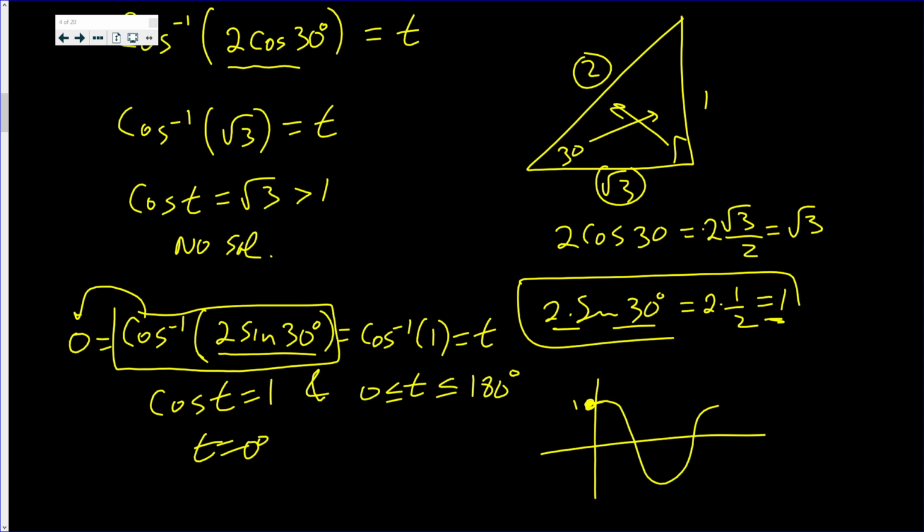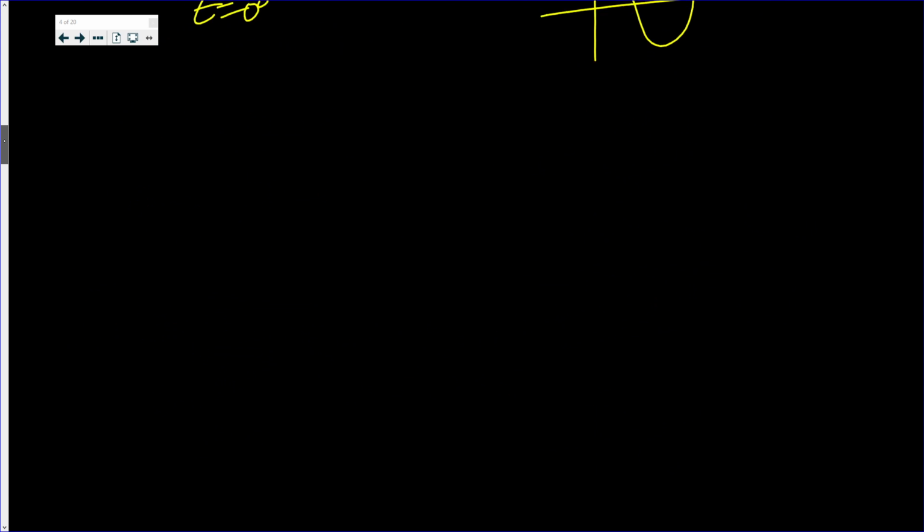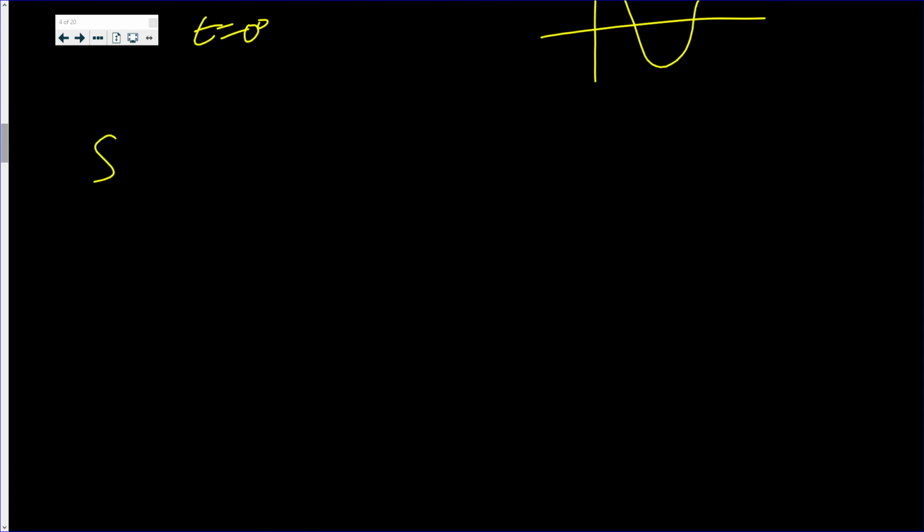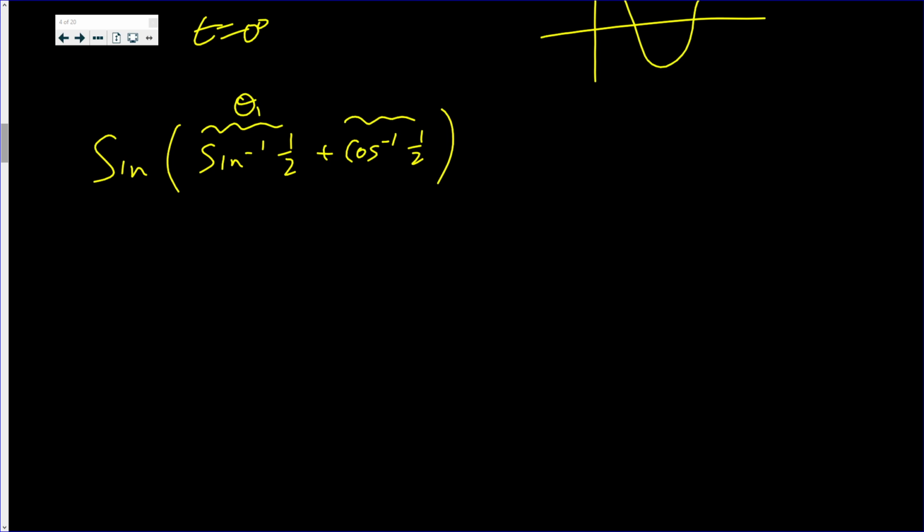Now, here's a good problem. The sine inverse of a half plus cosine inverse of a half. Now, this is theta 1 and that is theta 2.